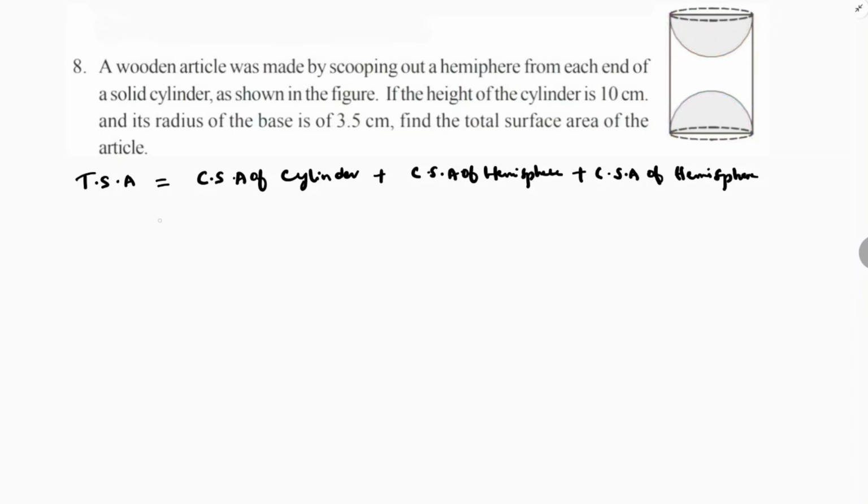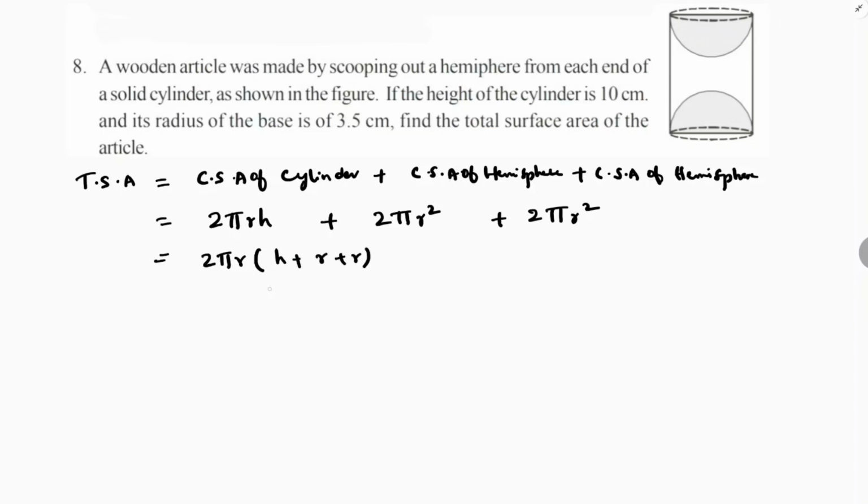So now if I substitute the formulas, curved surface area of cylinder is 2 pi r h, curved surface area of hemisphere is 2 pi r square, curved surface area of hemisphere again 2 pi r square. So if we take 2 pi r common, h plus r plus r, 2 into 22 by 7.